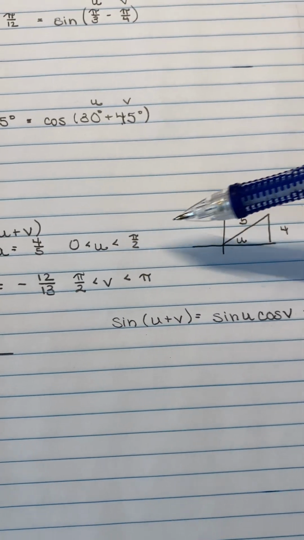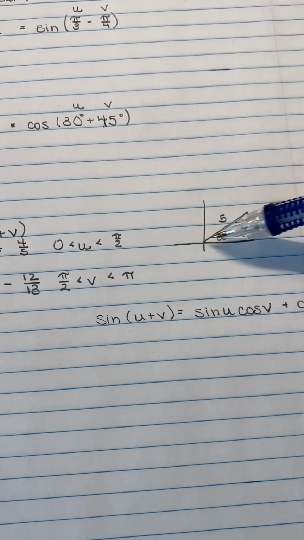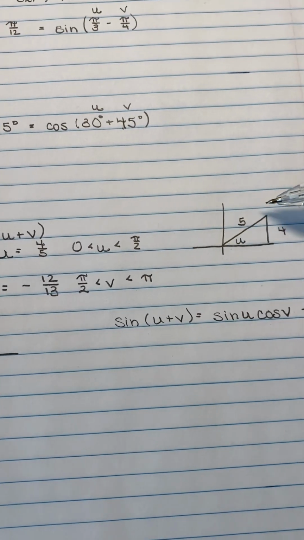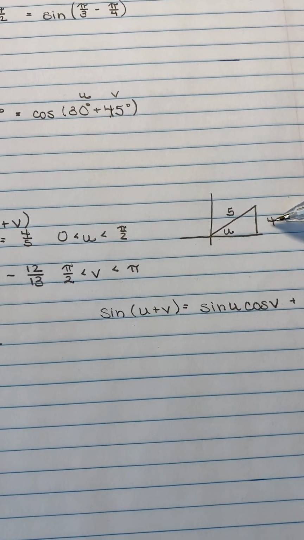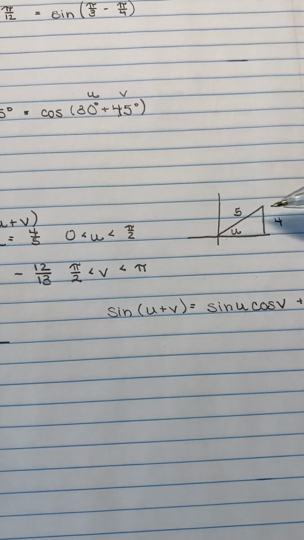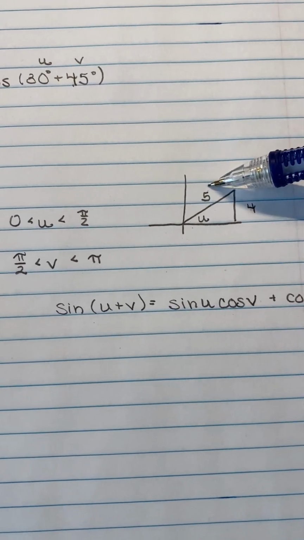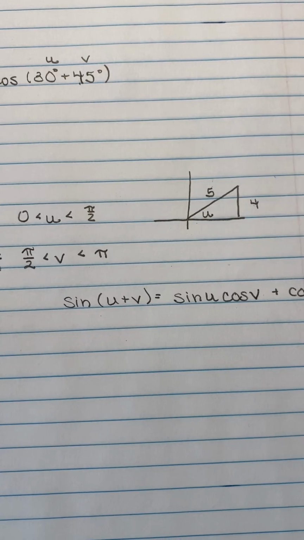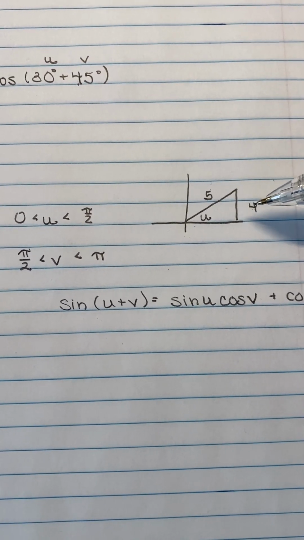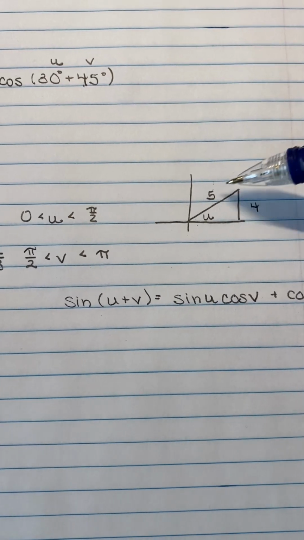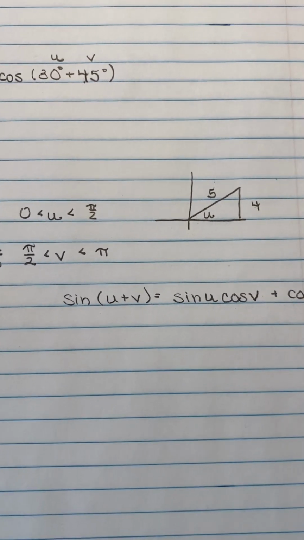U is in the first quadrant, so we're going to go ahead, draw quadrants, sketch some triangle such that the sine, which is the opposite over the hypotenuse, is 4/5. There's u, our angle. We don't know what u is, and it doesn't matter as long as we can find all the sides of the triangle, so we can figure out the trigonometric functions of this angle.